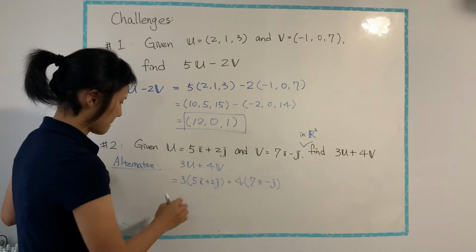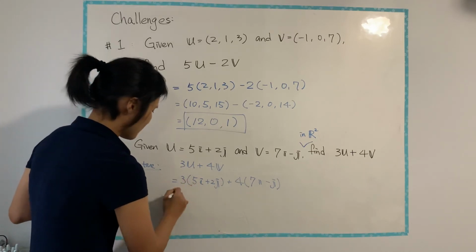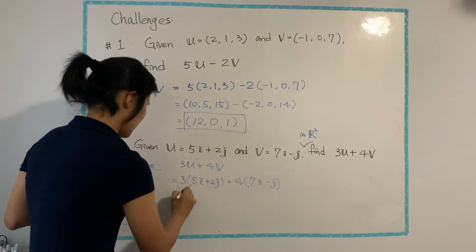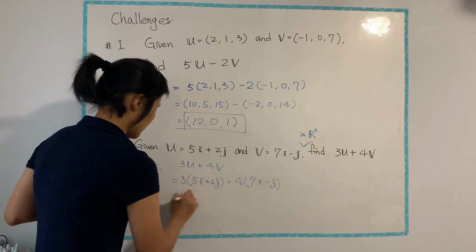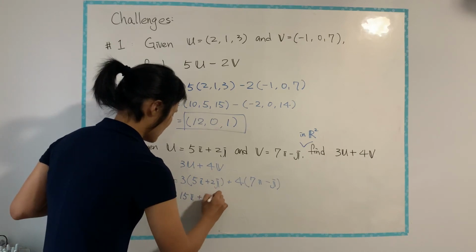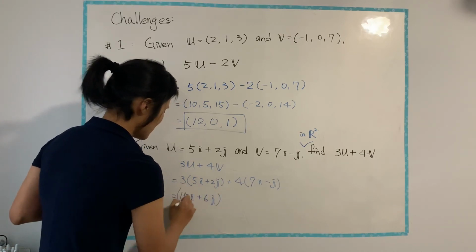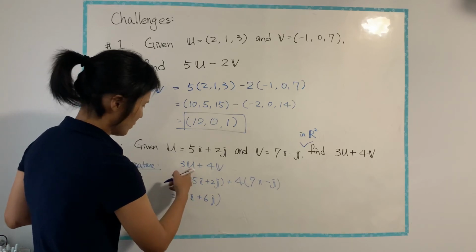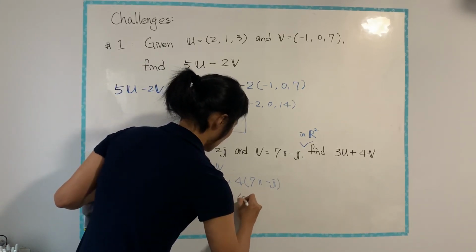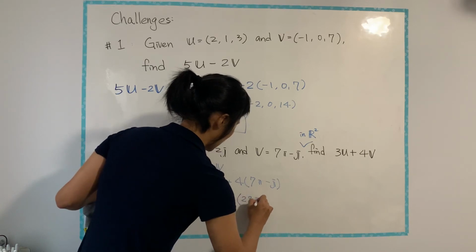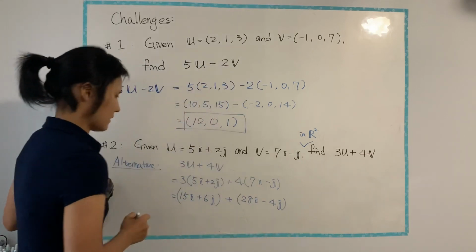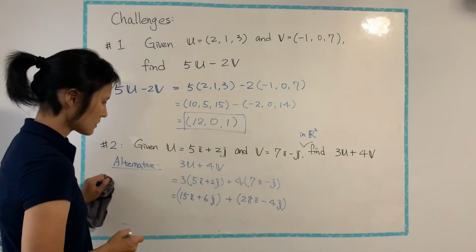So 3 times 5i, that's just 15i, right? And then plus 6j. So this part is 3u, plus 28i minus 4j, which is 4v.